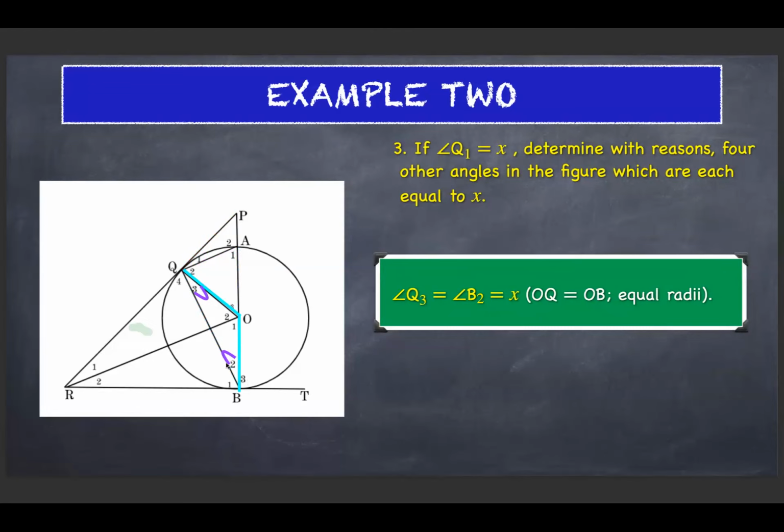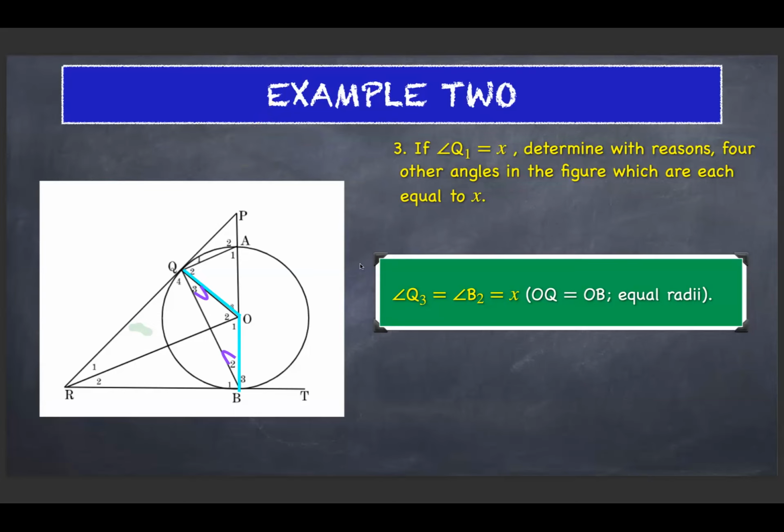And we've just labeled here that angle B2 is X, right? So if this angle is X, then Q3 is also going to be X, because we've got an isosceles triangle here. We've got OQ and OB are the same. So if this is X, then this must be X also. All right, so we've shot down two, basically. We've got two more to find out.